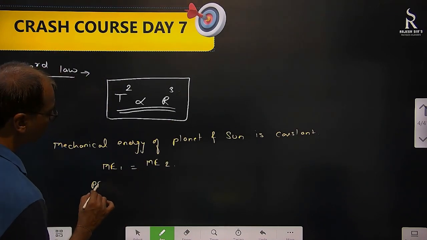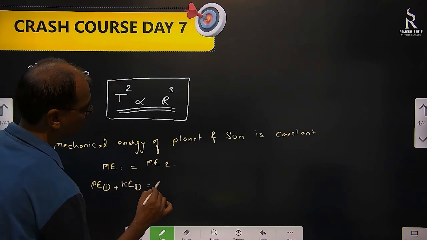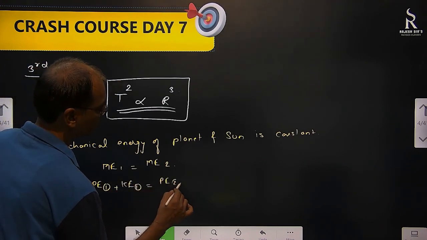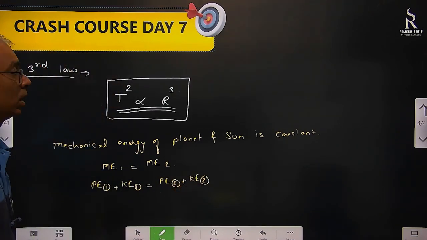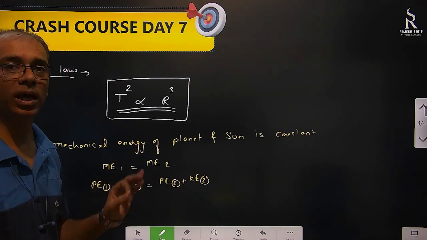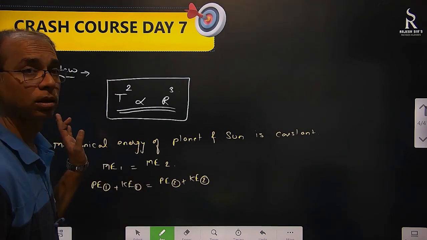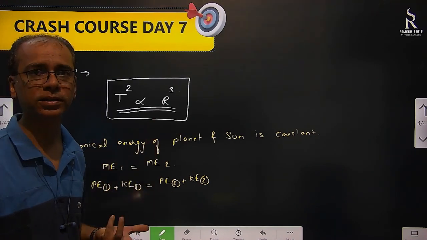That is, potential energy at position 1 plus kinetic energy at position 1 equals potential energy at position 2 plus kinetic energy at position 2. So yes, angular momentum is conserved, but other than that, mechanical energy is also conserved in the sun and planet system, or later on maybe the earth and satellite system.